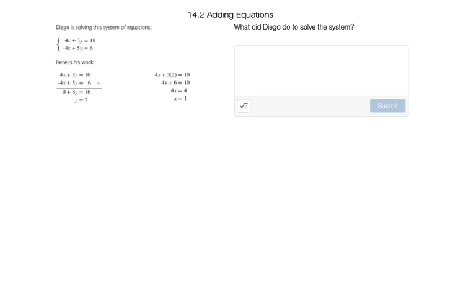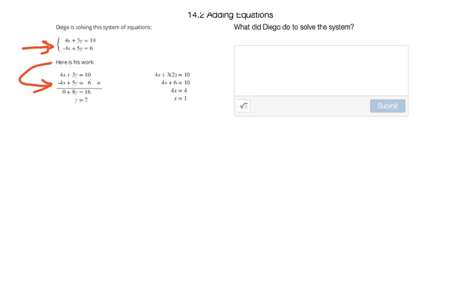Now we are going to be looking at solving a system that Diego is doing, and we're going to be looking at his work in detail. I want you to notice, what did he do to solve the system? We started here, and then here's his work.